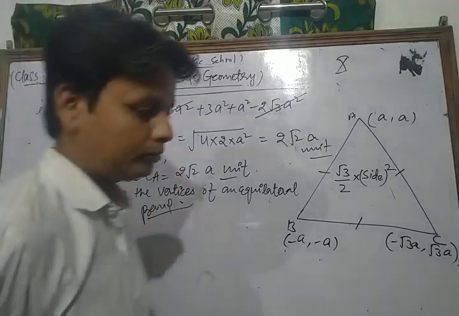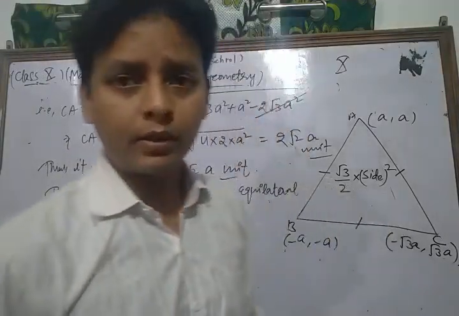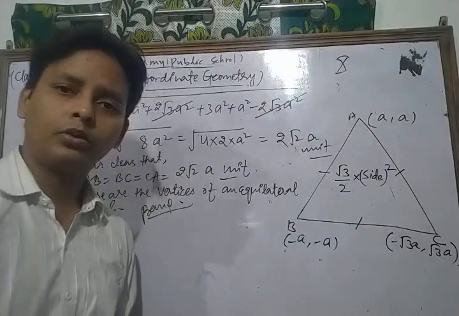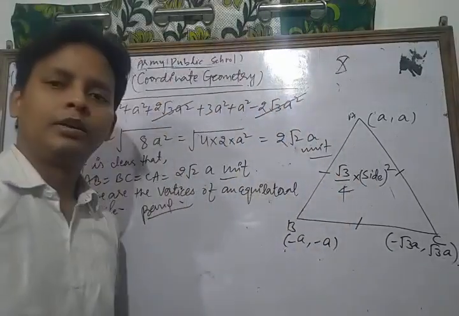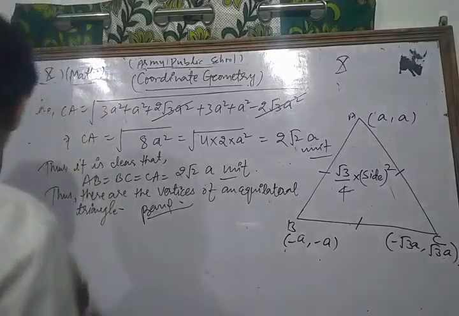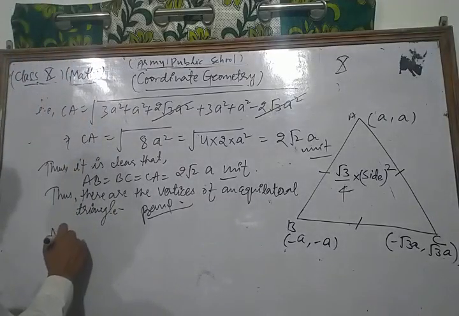Now we also find its area, and we know what the formula of its area is: root 3 upon 4 into side square. This is the formula for its area. Now we also find its area.